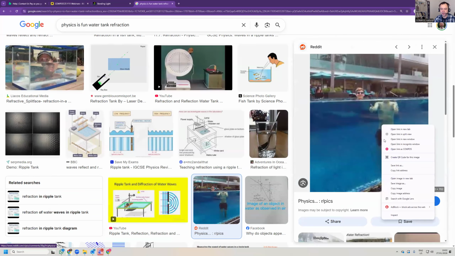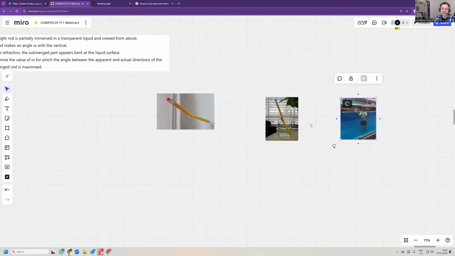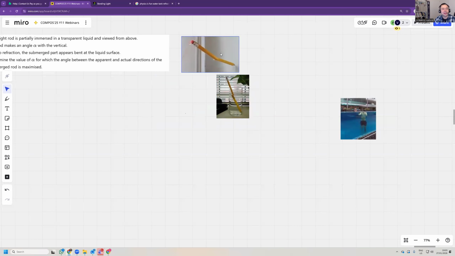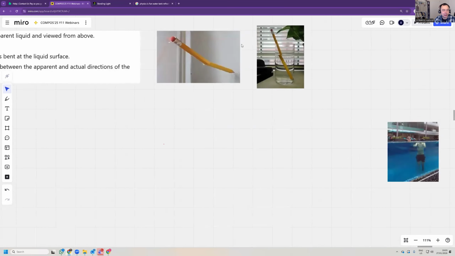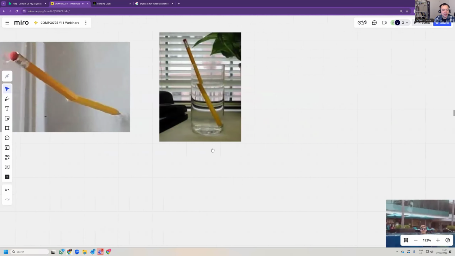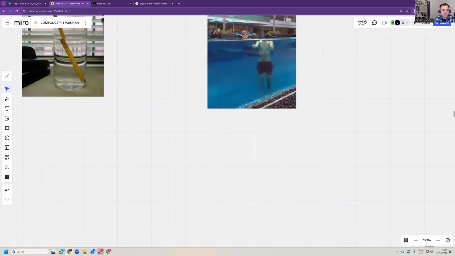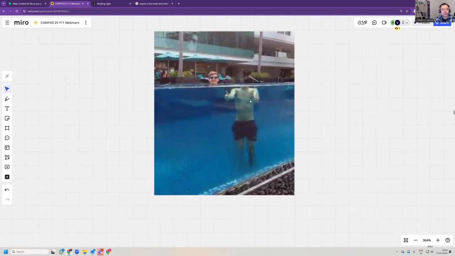It's not exactly related, but I love this picture. So yes, you can see that a pencil appears bent when it is partly submerged in water. And this is a slightly different situation, but yes, this is refraction, where light is bent and the body appears to be in a different position than it really is.